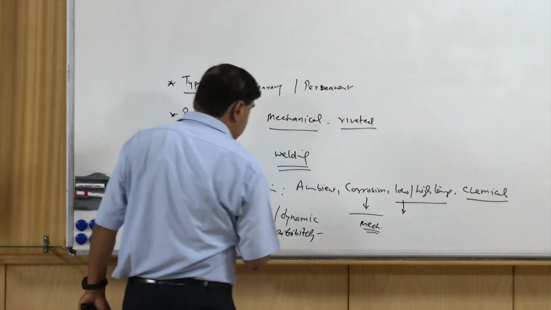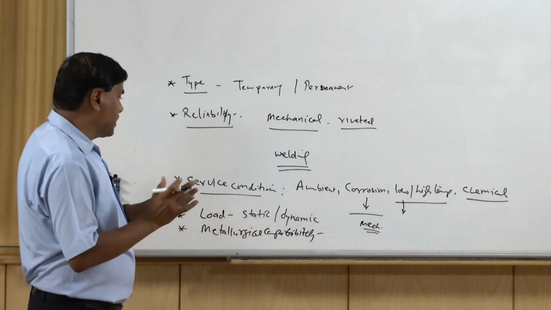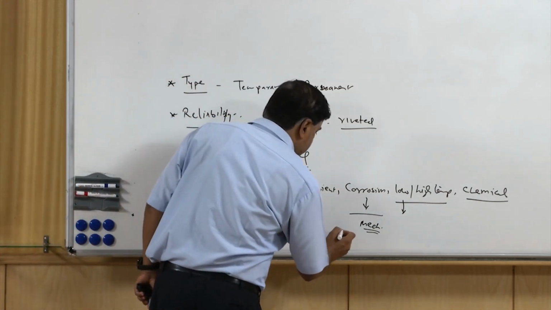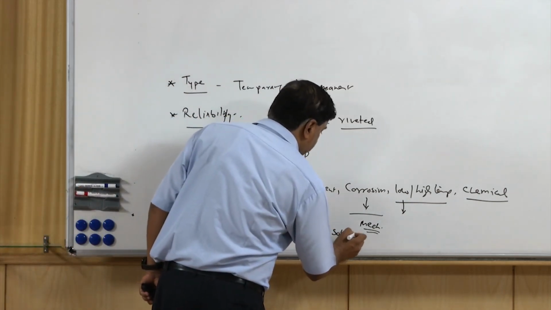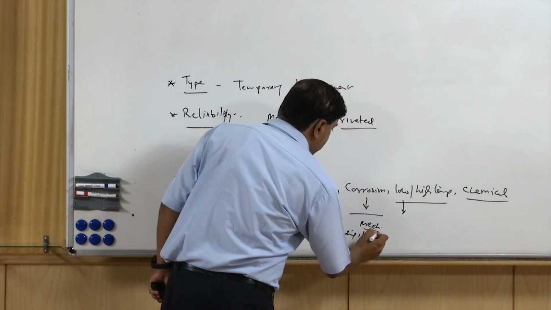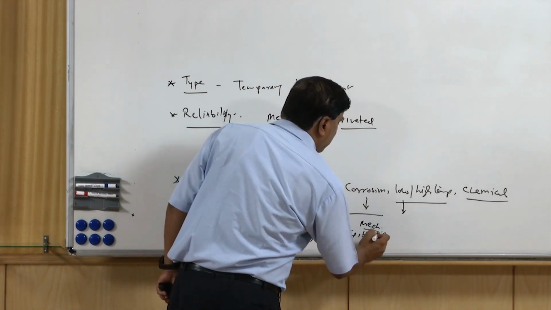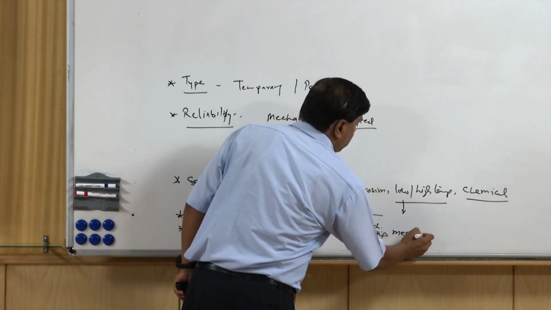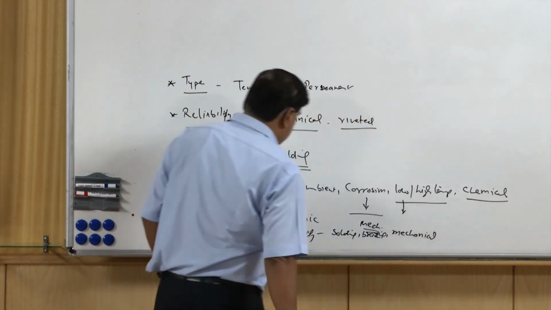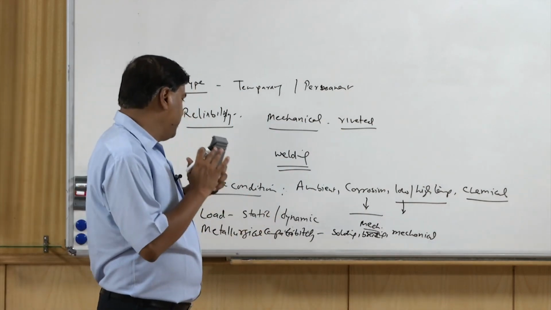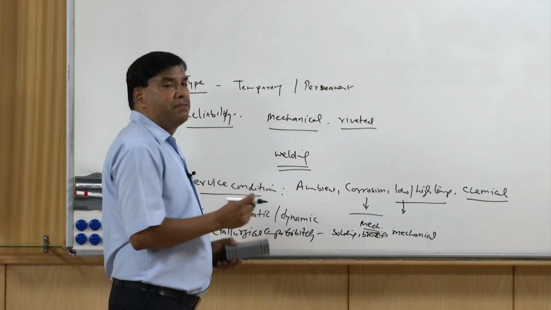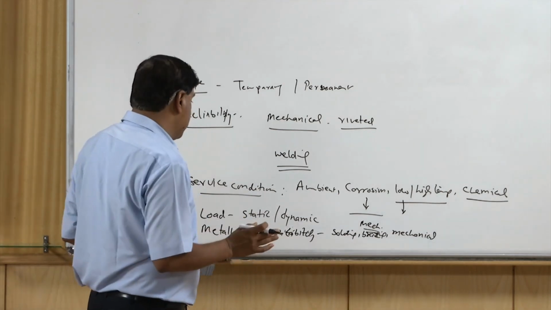If incompatible things are to be brought together, then we have to use processes like soldering and brazing, or a mechanical joint. But if the metallurgical incompatibility is not an issue, then even fusion welding processes can be used.